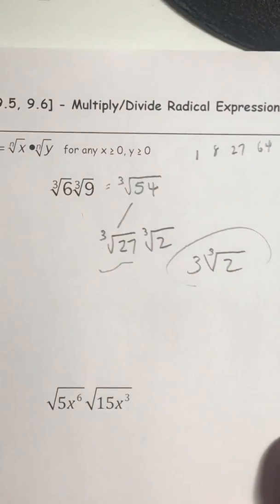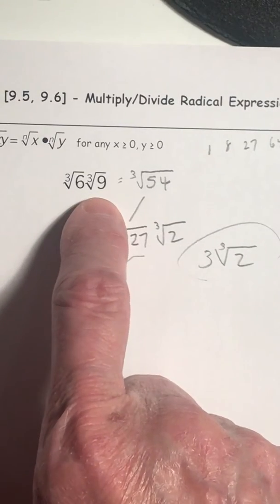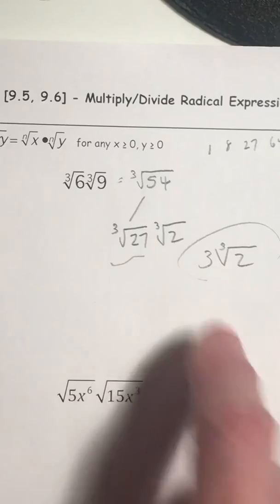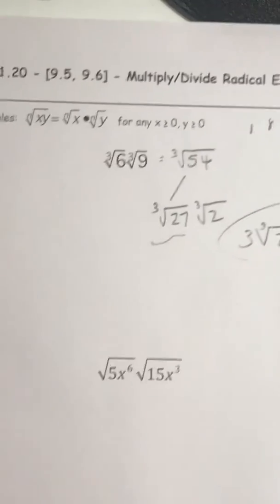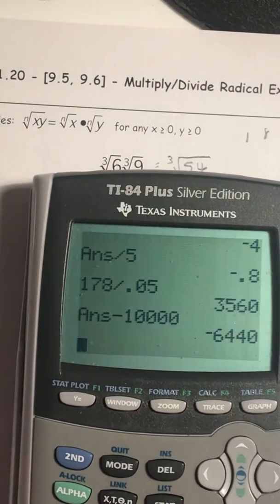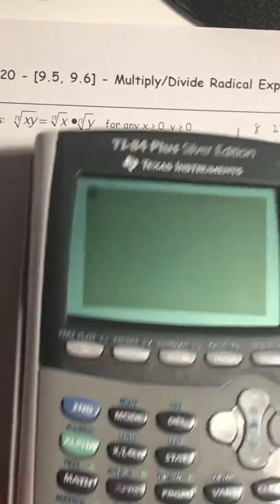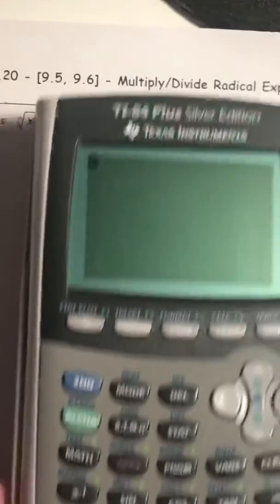Okay, and you can check this with the calculator by punching this in the way it is and comparing it to this. And as we don't have live classes anymore, I didn't get to show this, but if I want the cube root of something, there is no cube root key.